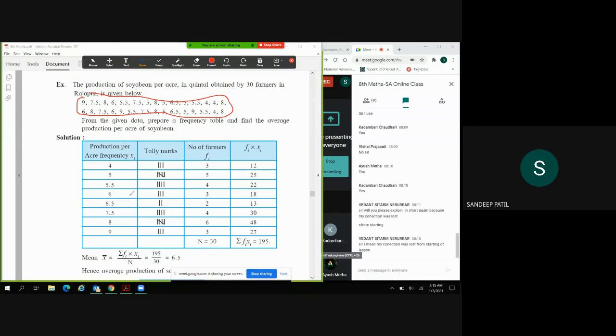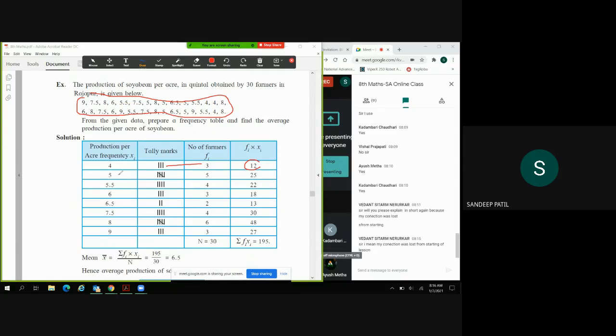how we represent it in this chart. Here we have taken numbers like 4, 5, which are the production of soybean per acre, and then we marked how many there are, counting those numbers with tally marks, and then we multiplied 4 into 3.